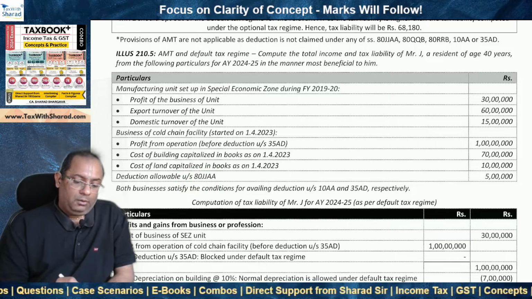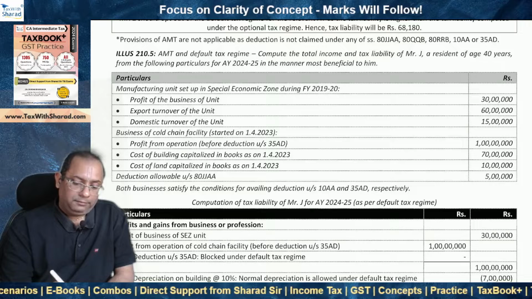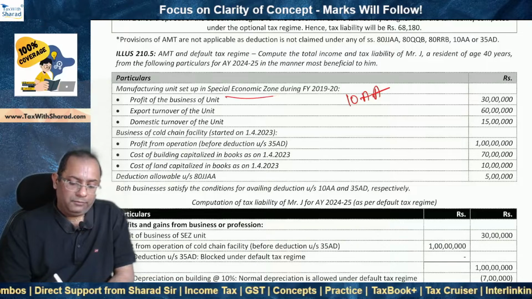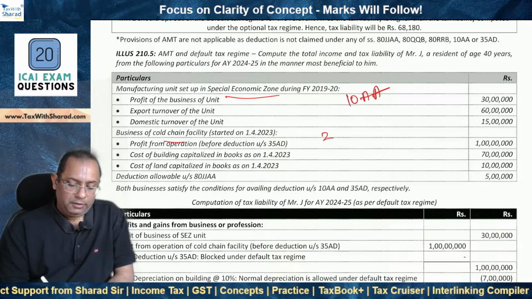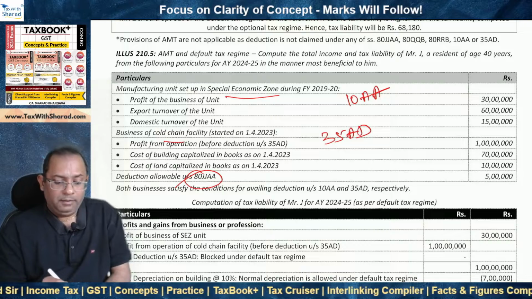Okay, so now you know that 10AA is getting applicable because of SEZ, because of cold chain facility. 35 AD is getting applicable, and 80JJAA is specifically given in the question.